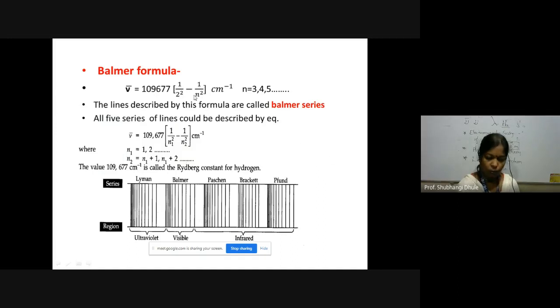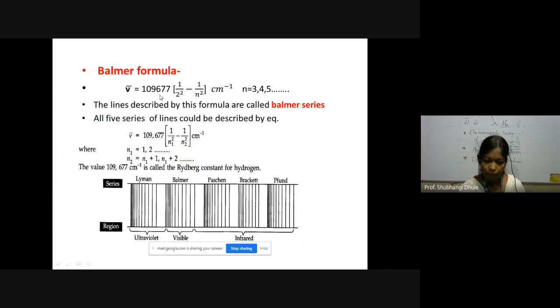So he put the formula like nu bar is equal to 109677, which is a constant, times the bracket 1 upon 2 square minus 1 upon n square, per centimeter. This is the formula he used to describe the lines, where n is equal to 3, 4, 5, integer values starting from 3, because here it is 2 square.